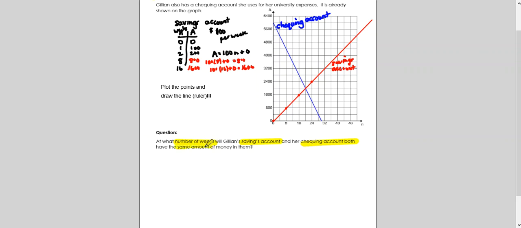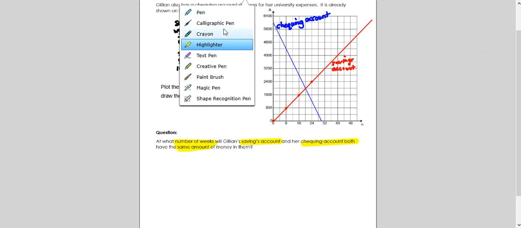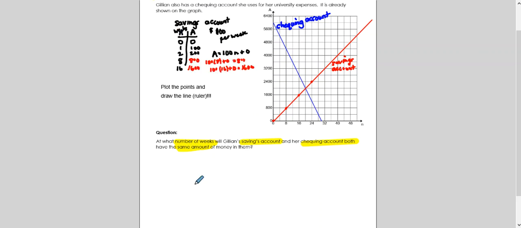Well, what that's telling you is that's your point of intersection. Okay, so what I want you to do is push pause, and I want you to be able to tell me what that point of intersection is, and then you can come back and check it.